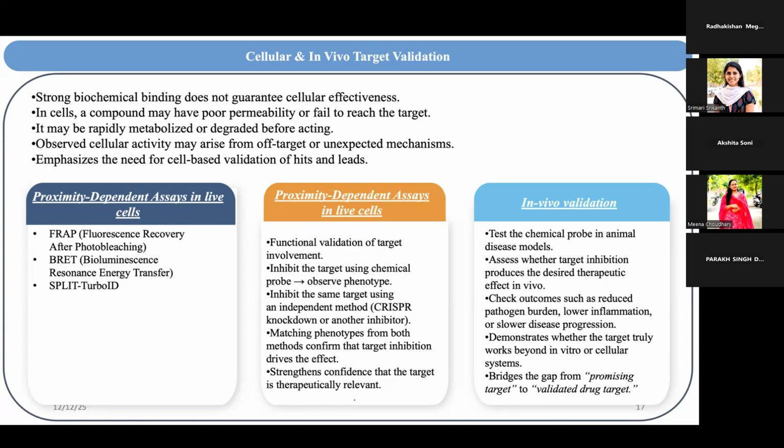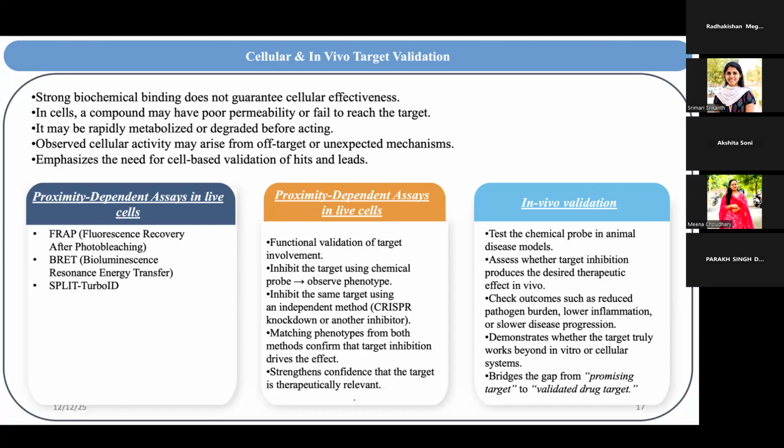Maybe it gets metabolized too quickly, or has poor cell permeability, or other parameters like that. So we should make sure whether it works inside the cell. There comes the use of proximity-dependent assays: FRAP, BRET, and split TurboID.